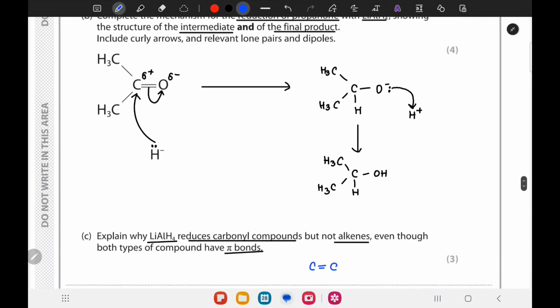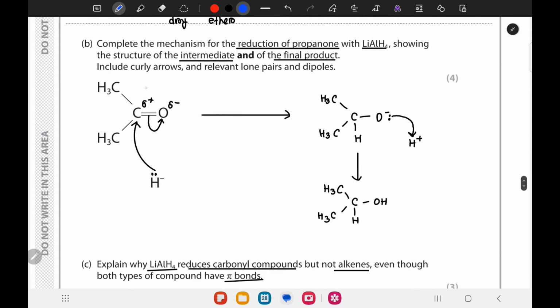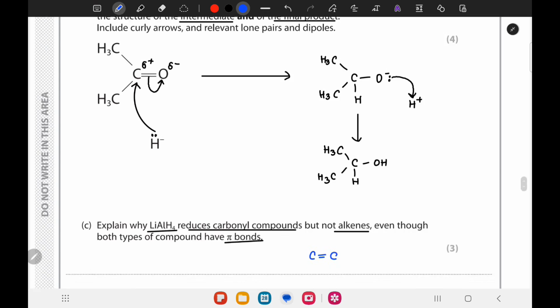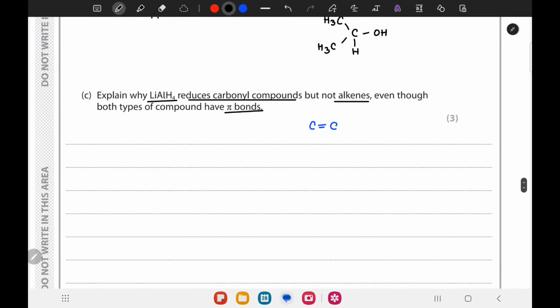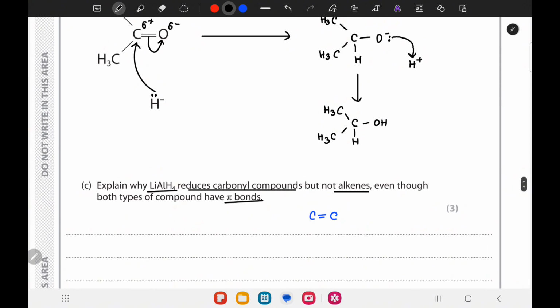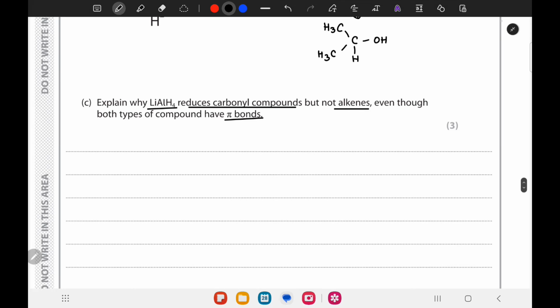Over here, in this case, the carbon is electropositive, which allows the H minus nucleophile to attack that carbon. In alkenes, they don't have any electronegativity or electropositivity. So the carbons do not attract the H minus in alkenes.